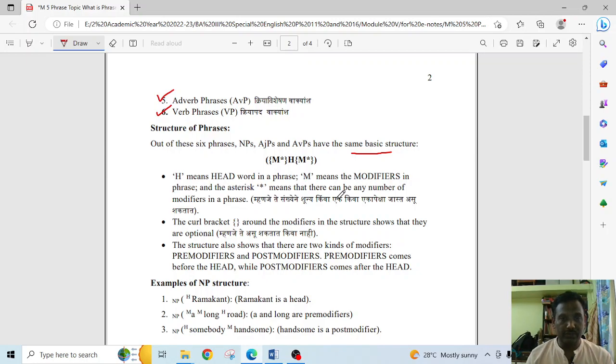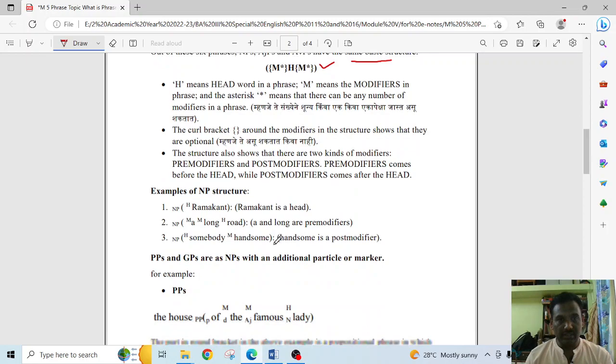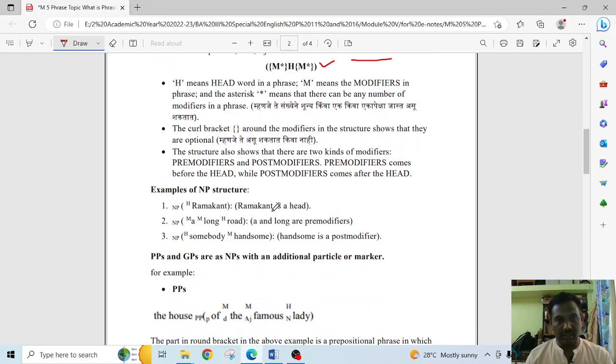So you see here that this shows the structure of noun phrase, adjective phrase, and adverb phrase. Now I will explain to you what that structure means. Here you see an example, Ramakant is a head.